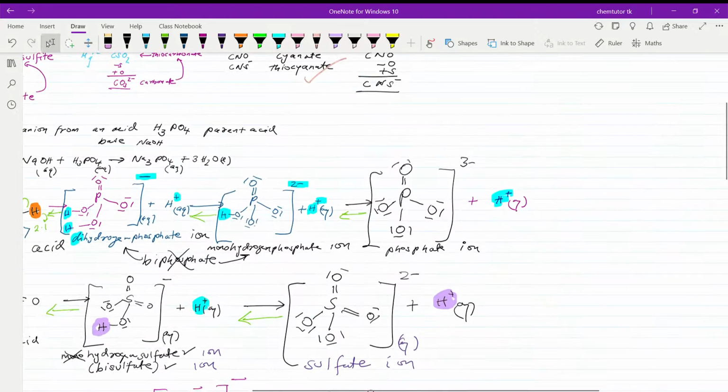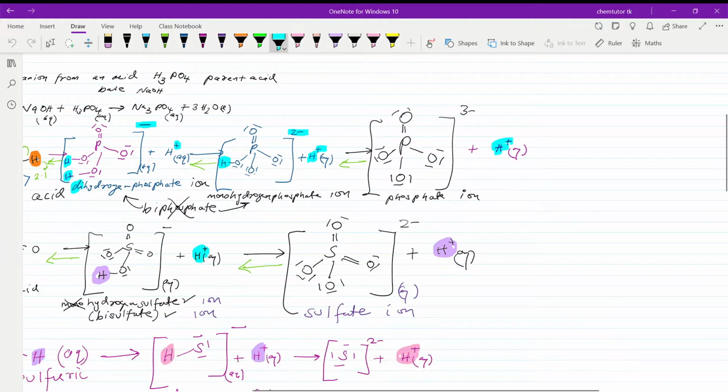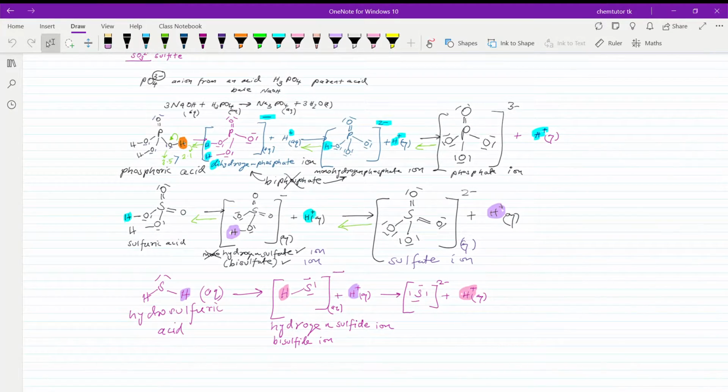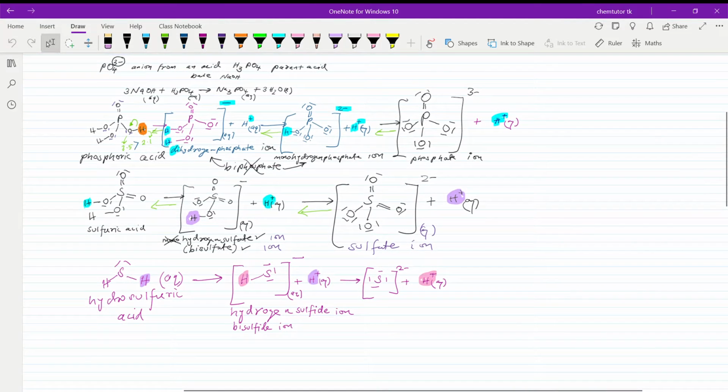Or the other way around, if you want to bring sulfate ion to sulfuric acid by adding hydrogen, each time you add a hydrogen, the charge decreases by 1.